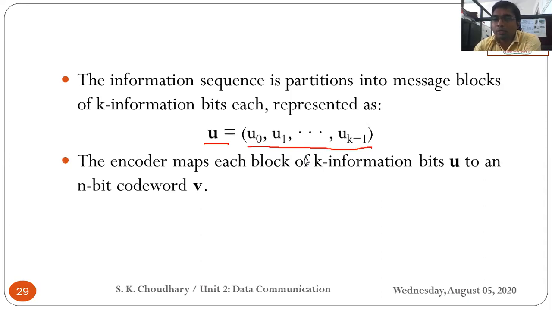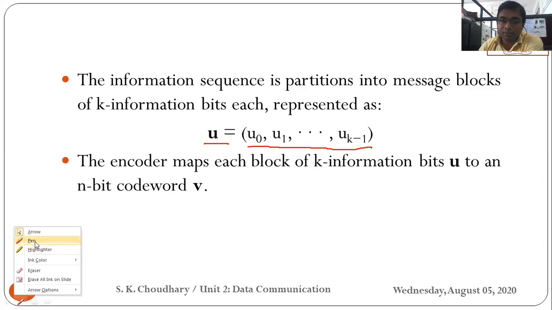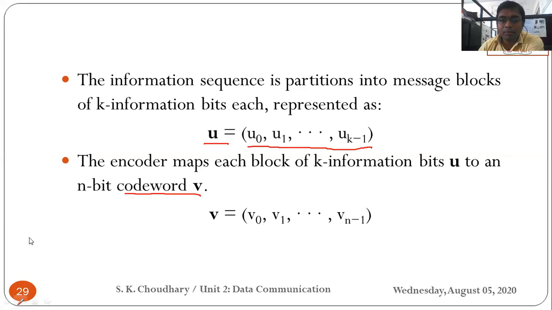Using these k information bits, when we pass them to the encoder, it generates the output as a code word, and the code word is represented here as v. V is the code word, and it has n bits. So the representation of the code word is v equal to v0, v1 up to vn minus 1, meaning an n bit code word.